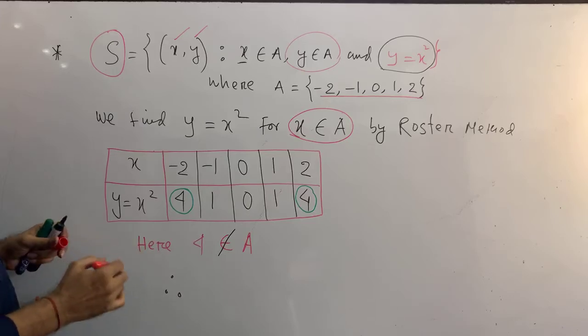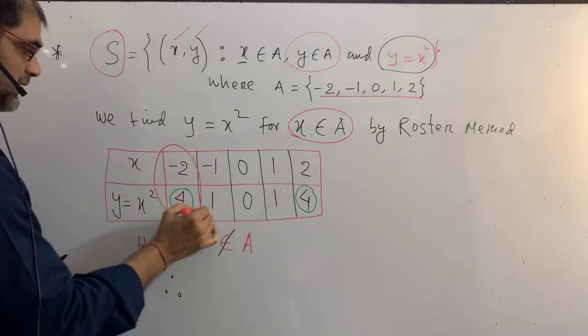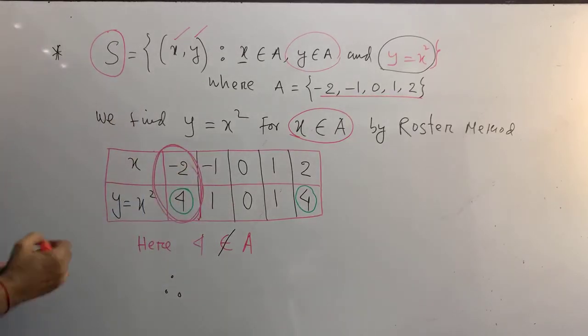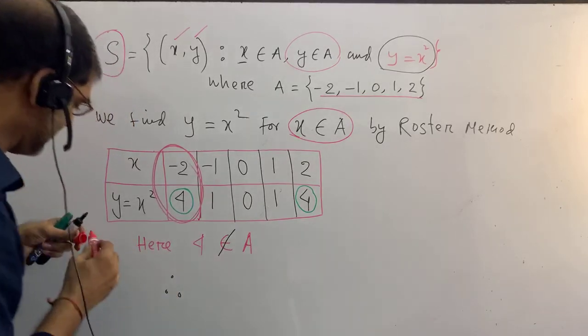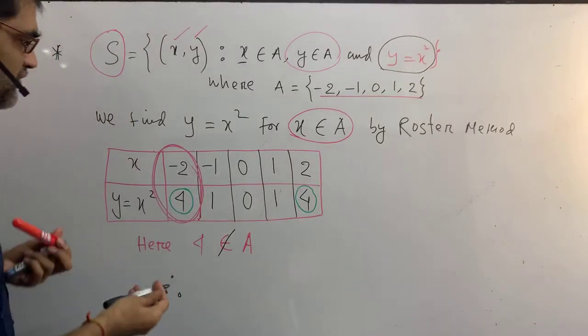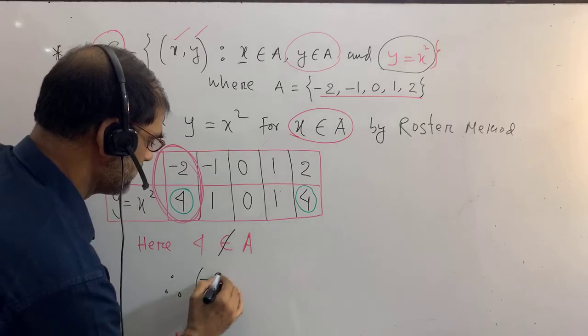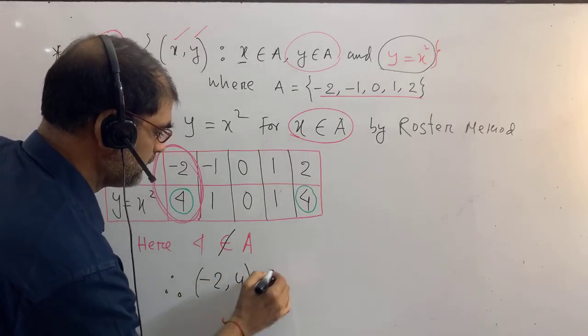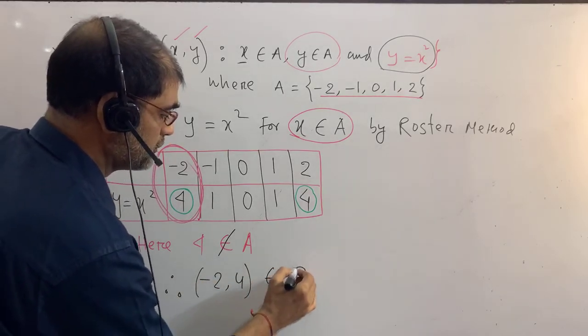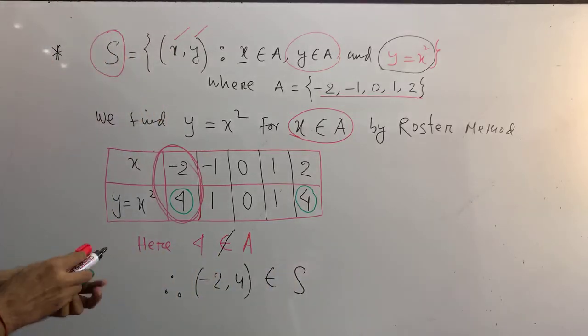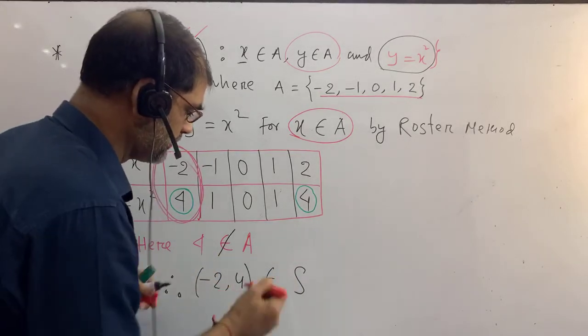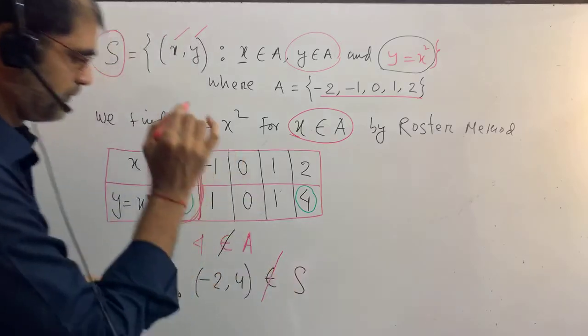But the ordered pair is, this is wholly and fully minus 2 comma 4. So we can write here, that is minus 2 comma 4, minus 2 comma 4 does not belong to S. You see, I am giving red ink.